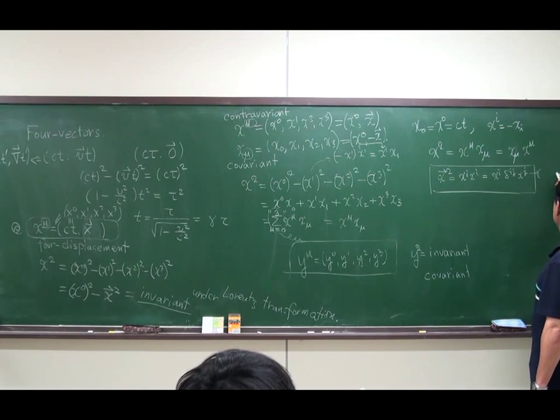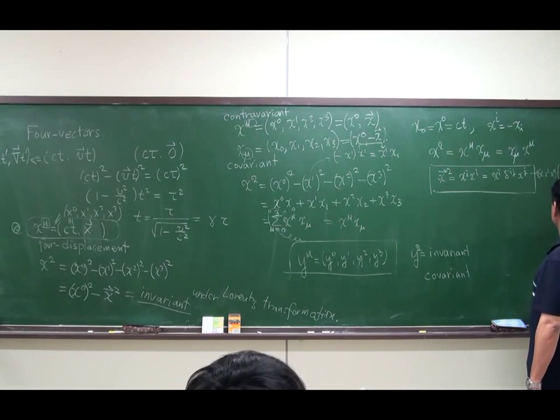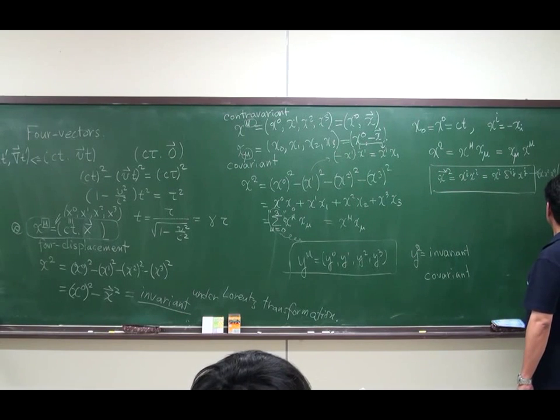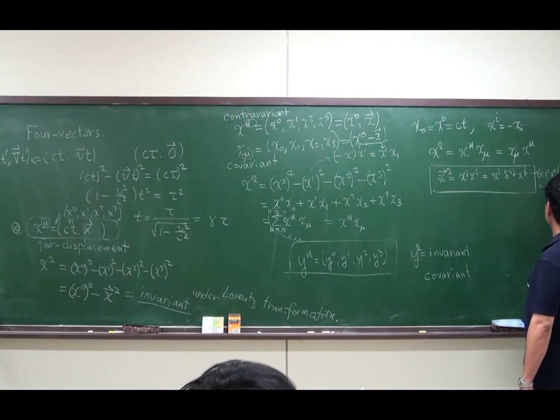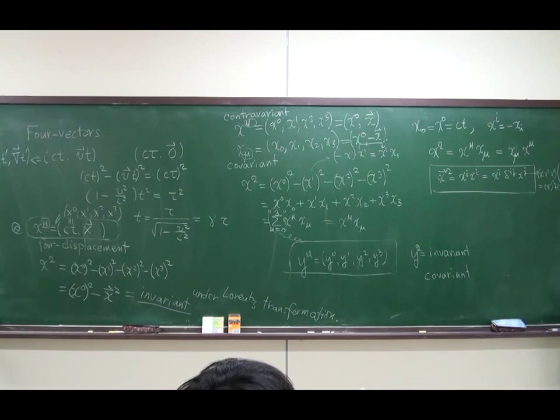Because it can be understood as the row (x1, x2, x3) times the matrix with 1, 1, 1 on the diagonal and 0 elsewhere, times the column (x1, x2, x3), to make it x1 squared, x2 squared, and x3 squared, right?